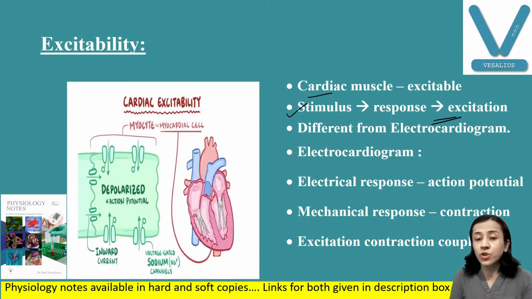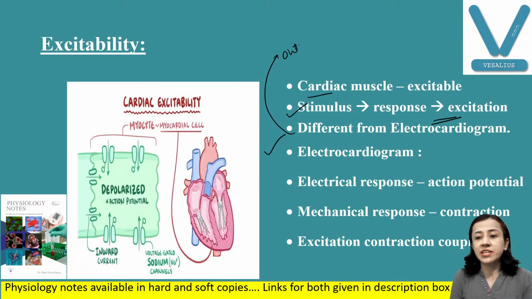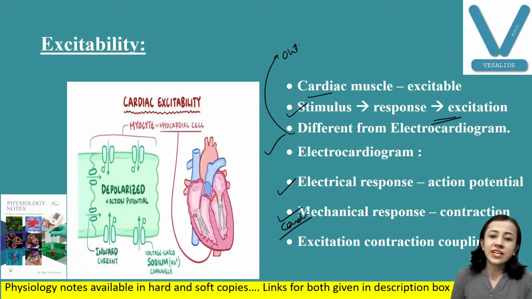Because in the electrocardiogram we record the changes in the electrical events generated with each beat, and the electrodes are placed outside the heart. These electrical responses are action potentials, and the mechanical responses we record after the electrical events form the series of events known as the cardiac cycle. The electrical events followed by mechanical events are known as excitation-contraction coupling.